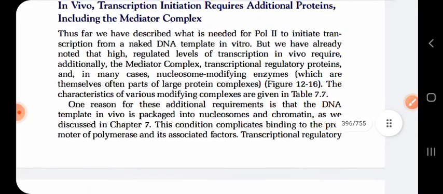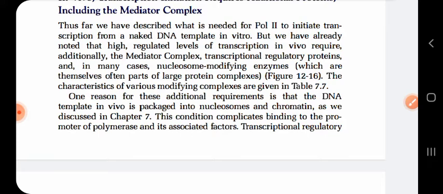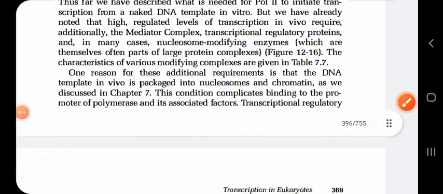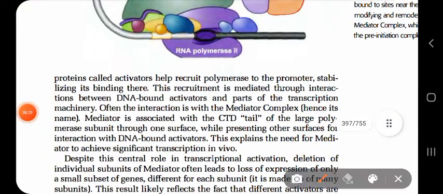Let us see the things one by one. I'm not going through this whole written material. Let us see from here. Transcriptional regulatory proteins called activators help to recruit the RNA polymerase to the promoter and stabilize its binding there.